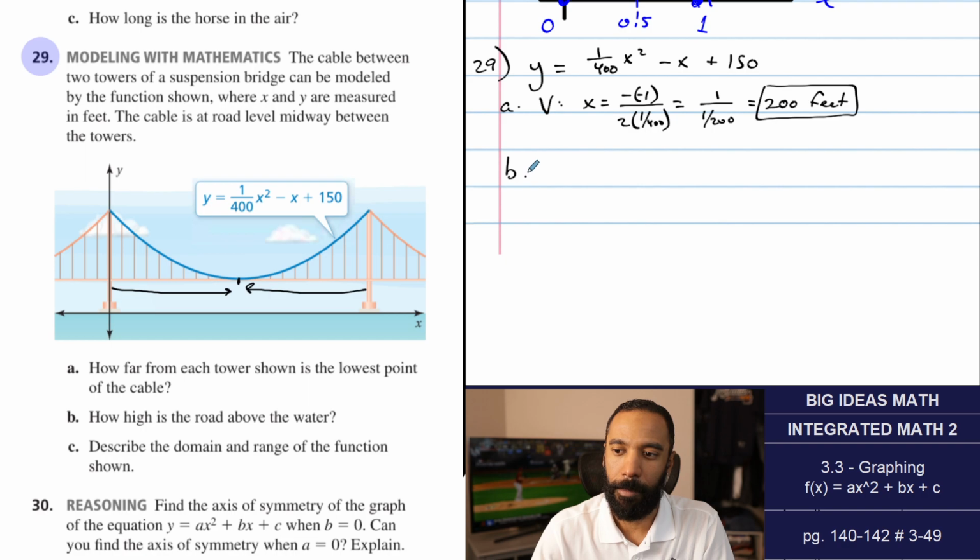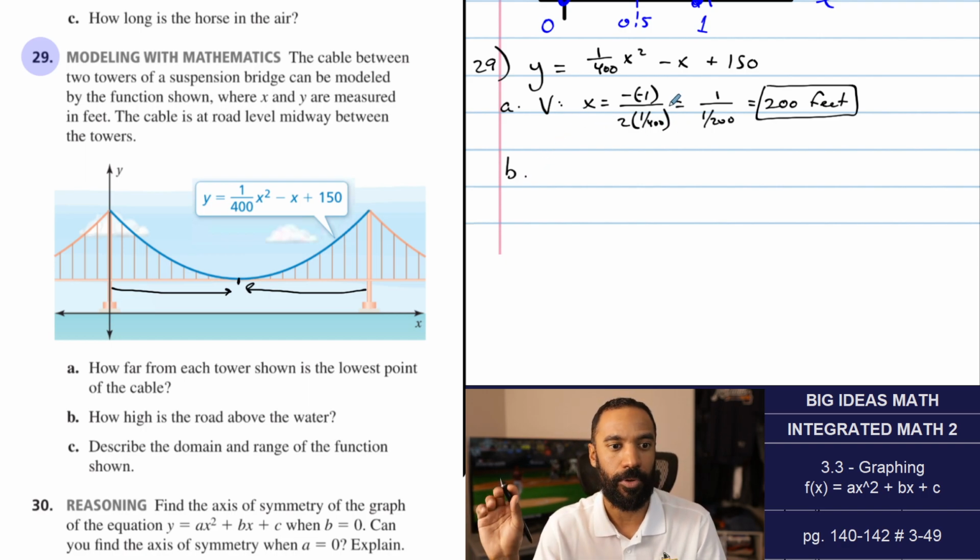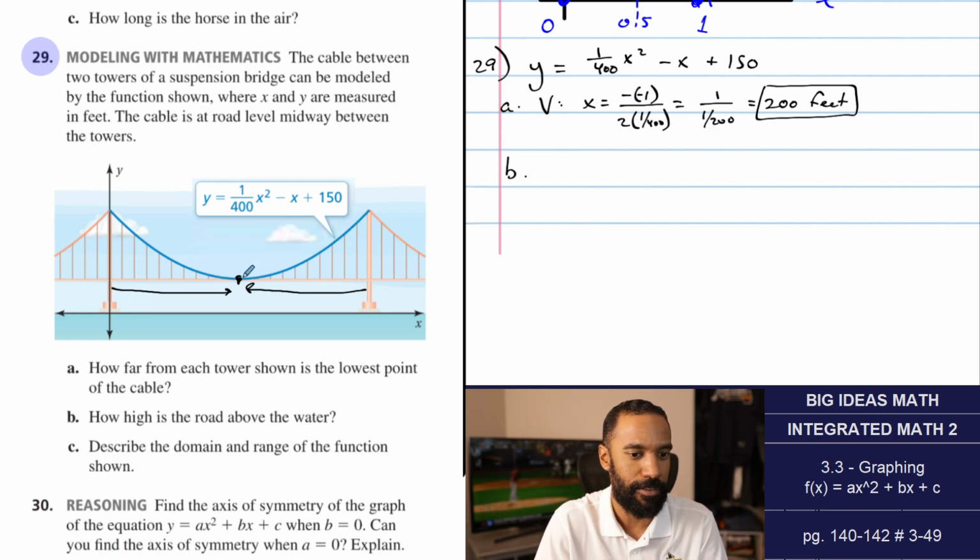So 200 feet later, we got it. That's part A. Part B, how high is the road above the water? So they said that the cable is at road level. So the bottom of the cable, the vertex, the y value of the vertex, will represent also road level. So we have to find the y value of the vertex. Let's do f of 200. I use function notation for that.